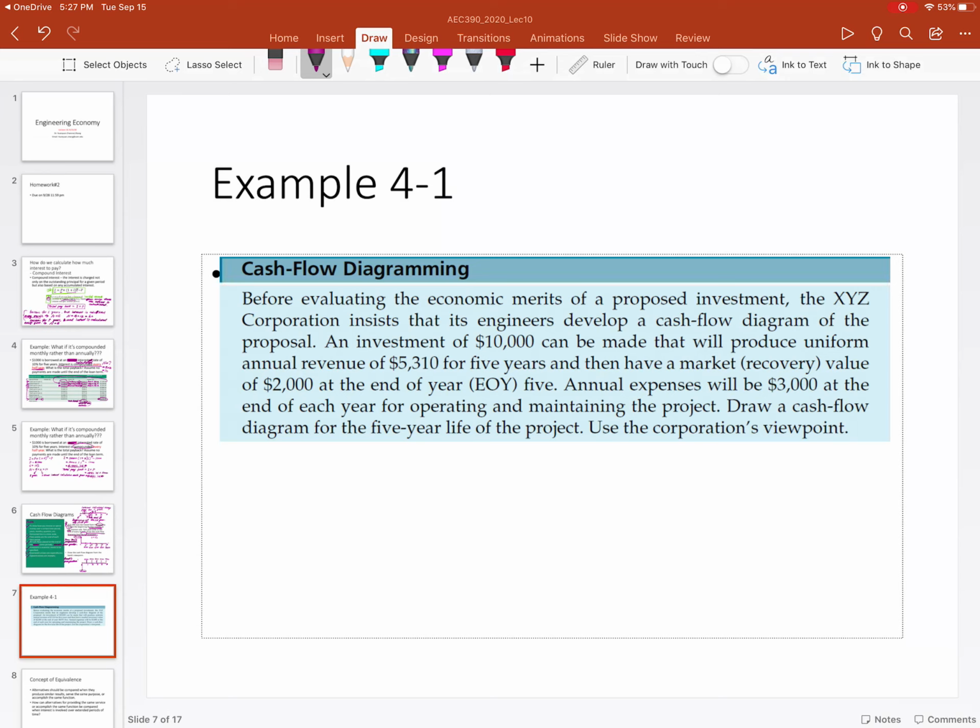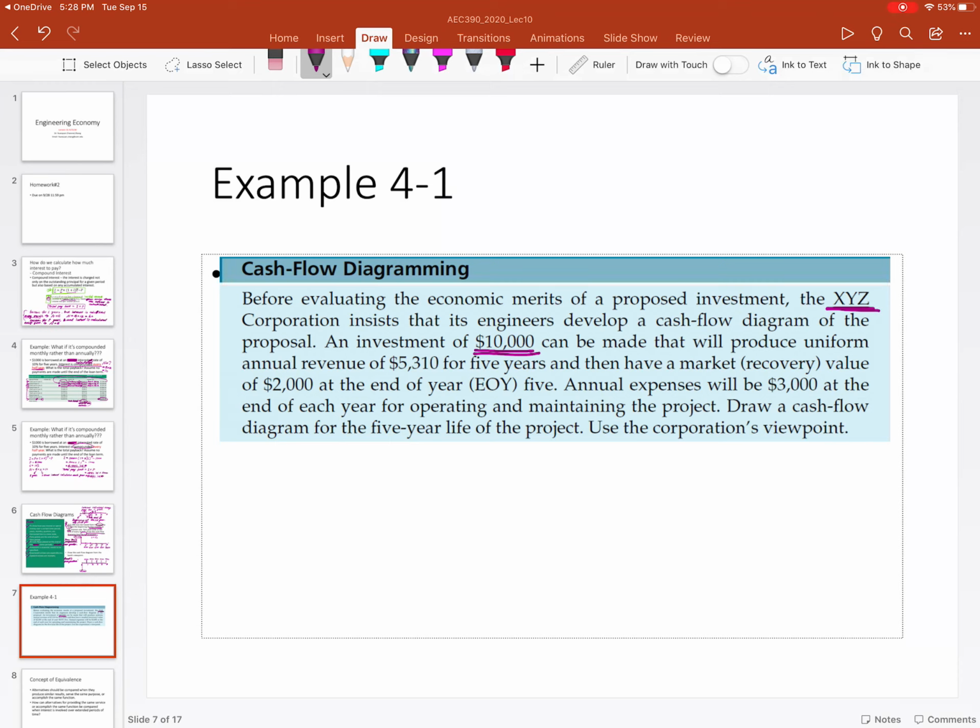Here there is a company, XYZ Corporation. They insist that its engineers develop a cash flow diagram of the proposal. So the proposal is that the company would invest 10,000 at the beginning of a project.